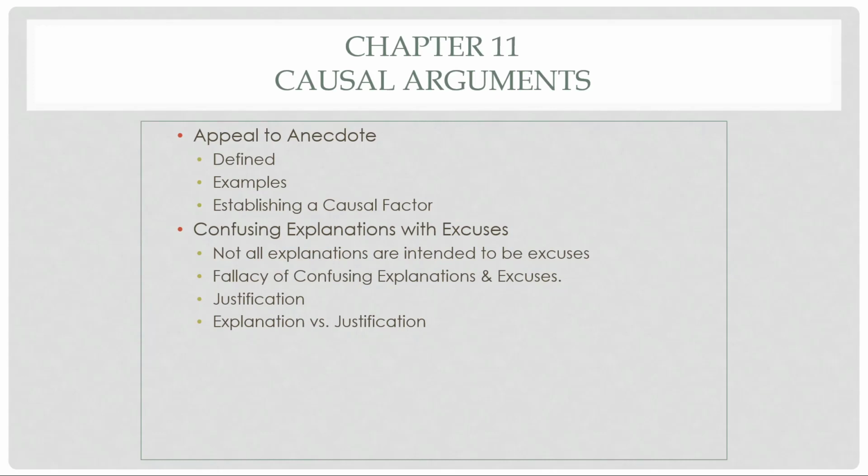So when talking about causation, the fallacy occurs when someone tries to prove or disprove that one thing is a causal factor for another by citing an example or two that didn't or did cause that alleged effect.